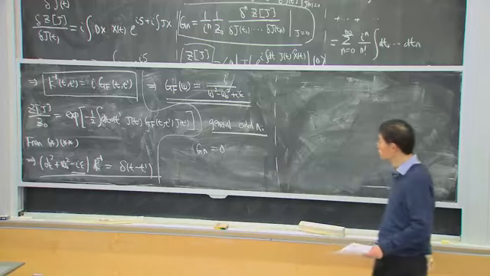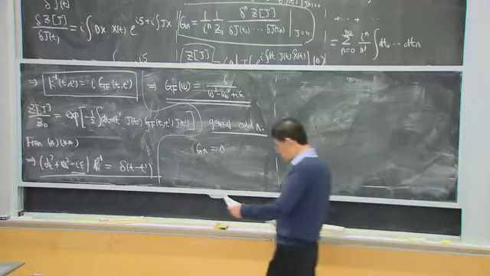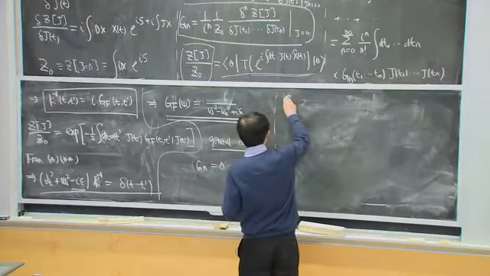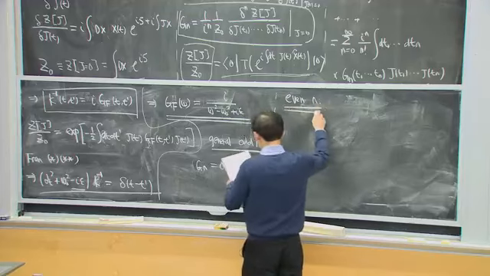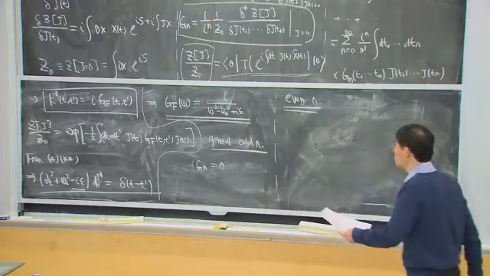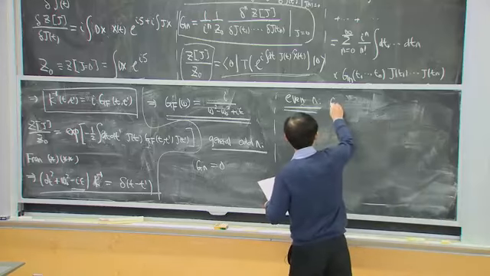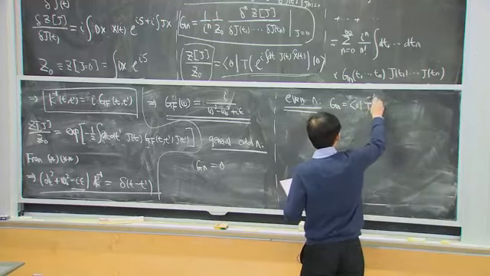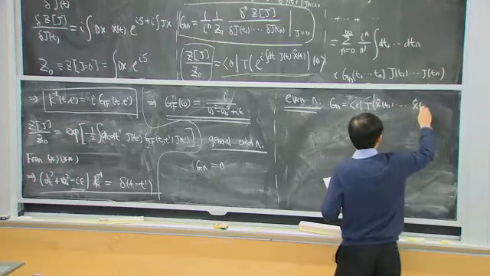So now for even n, there's also a simple answer. If I have an n-point function, let me write down G_n equal to the vacuum expectation value of the time-ordered product of x hat t1 through tn.